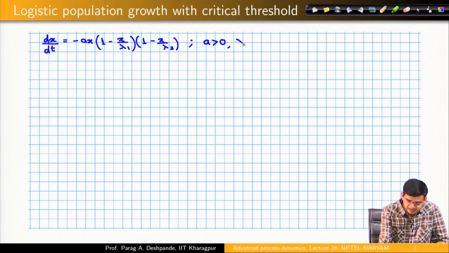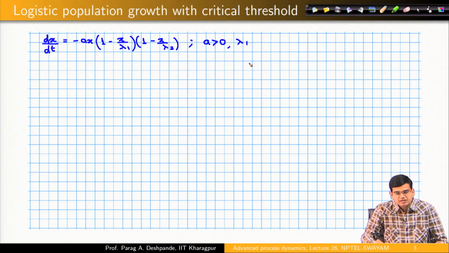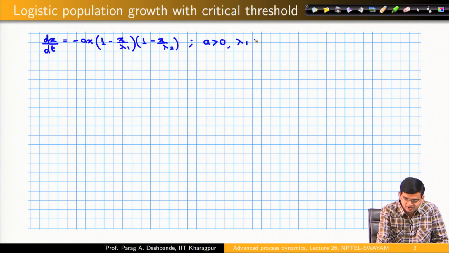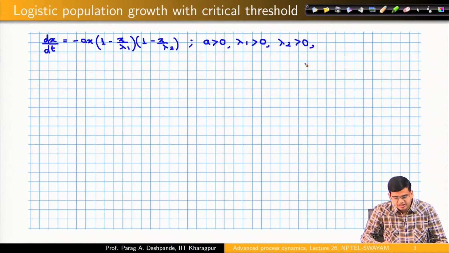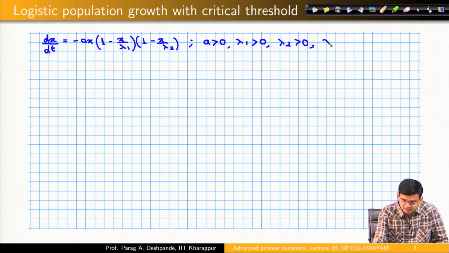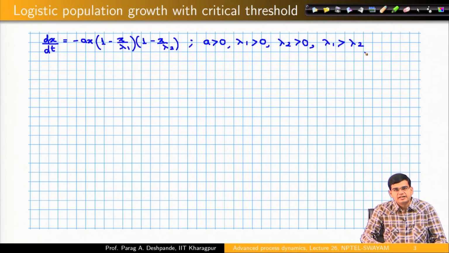My lambda 1 and lambda 2 are populations, the saturation population or the carrying capacity and the threshold population. So, lambda 1 must be greater than 0 and lambda 2 must be greater than 0, and what inequality must be satisfied for lambda 1 and lambda 2? Lambda 1 must be greater than lambda 2 because lambda 1 is the carrying capacity and lambda 2 is the threshold population.